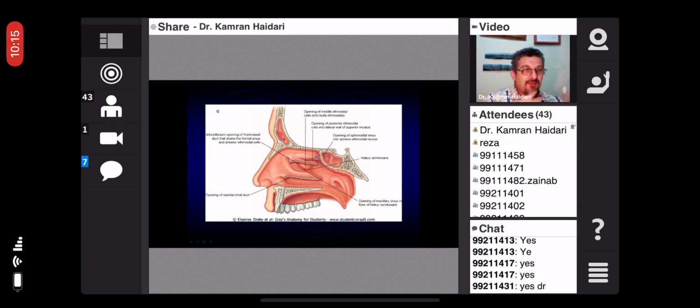A few days after infection of the frontal sinus, the maxillary sinus is involved, or middle ethmoidal air cells are involved, or anterior ethmoidal air cells are involved, because all together open in the middle meatus.